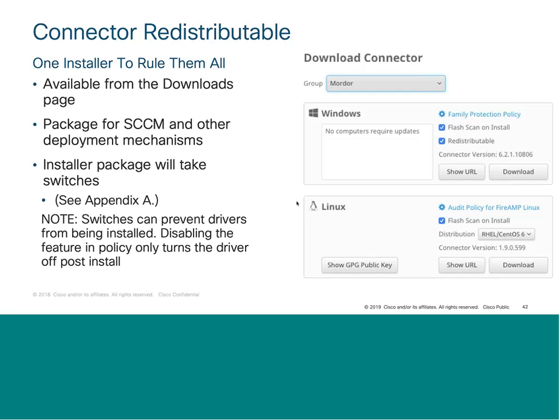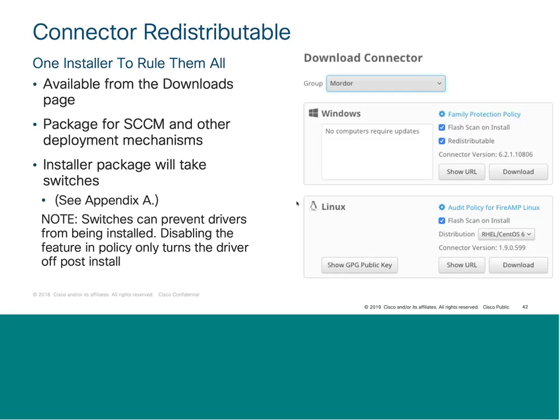Now, when using SDCM, when using Altiris, when using SolarWinds, when using any deployment methodology other than send an email to my user, turn on this little checkbox for redistributable.